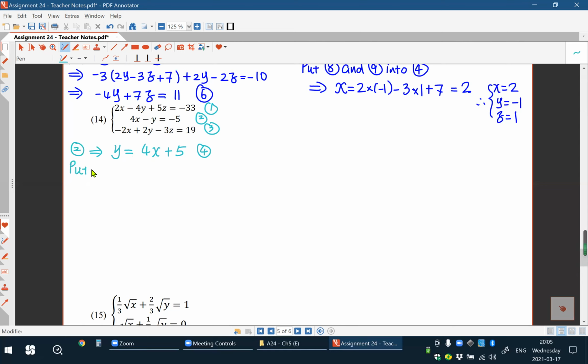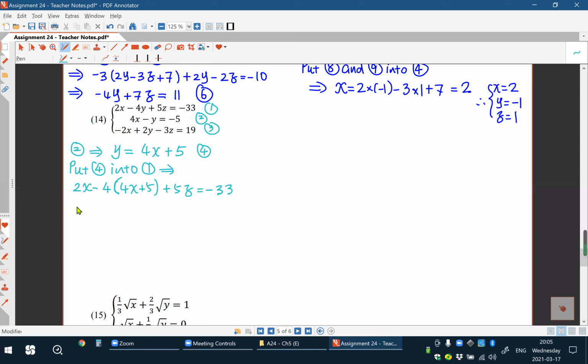So here, let's put equation 4 into 1. Then you will get twice x minus 4y, and y is actually 4x plus 5, and then plus 5z equals minus 33.